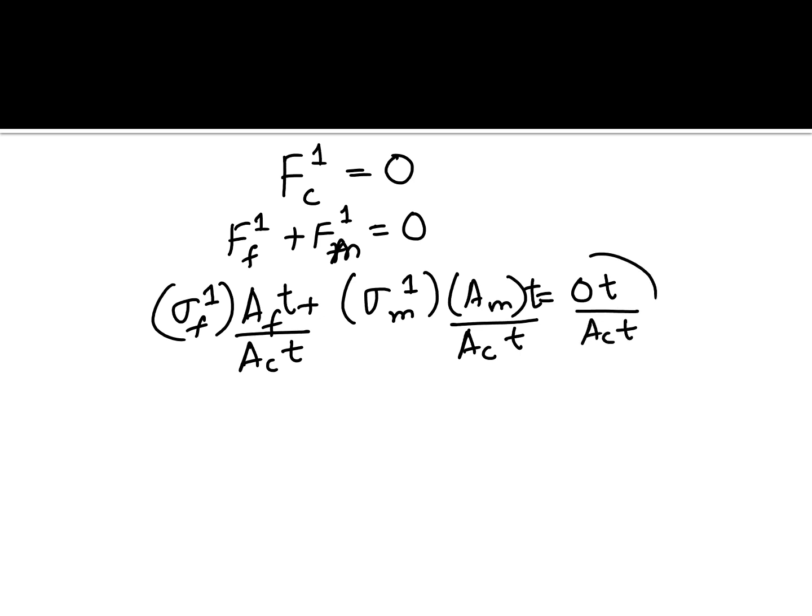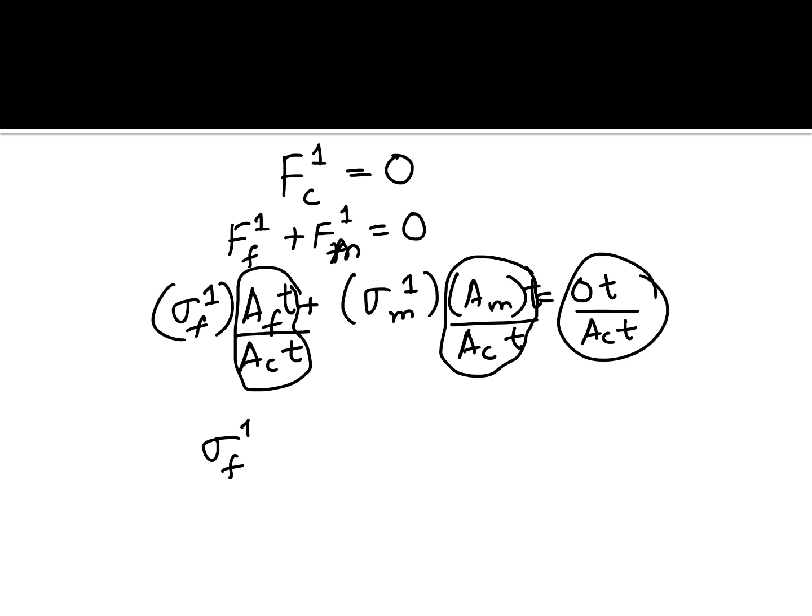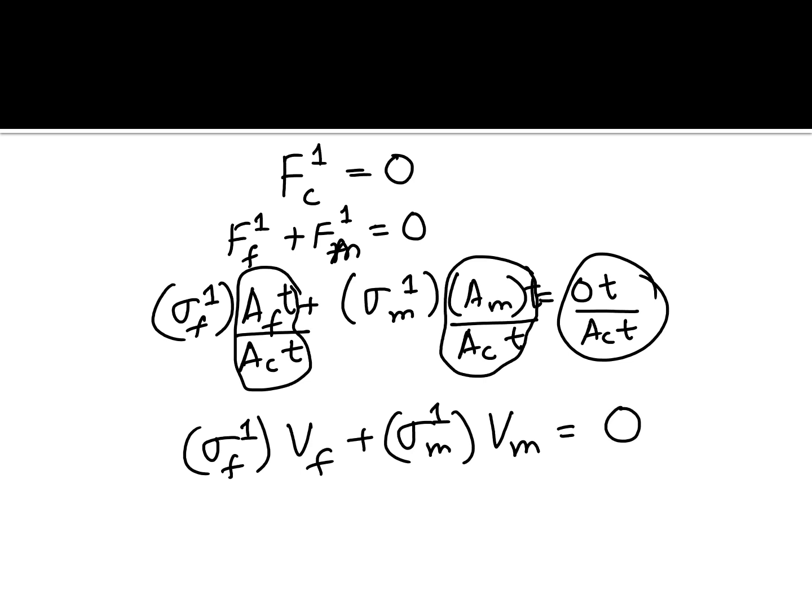So this is going to be 0 anyway, but you can recognize that this is the volume fraction of the fiber and this is the volume fraction of the matrix. So the normal stress in direction 1 of the fiber times the volume fraction of the fiber, plus the stress in direction 1 of the matrix times the volume fraction of the matrix, will be equal to 0.